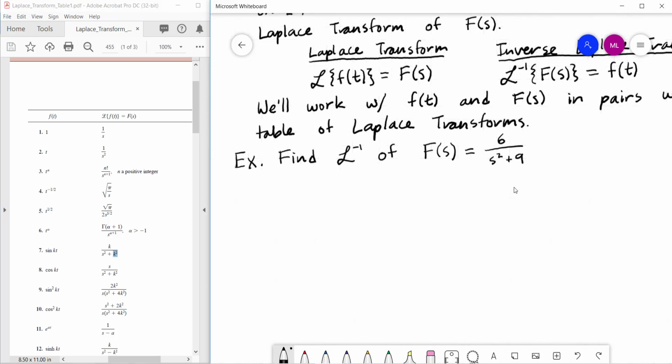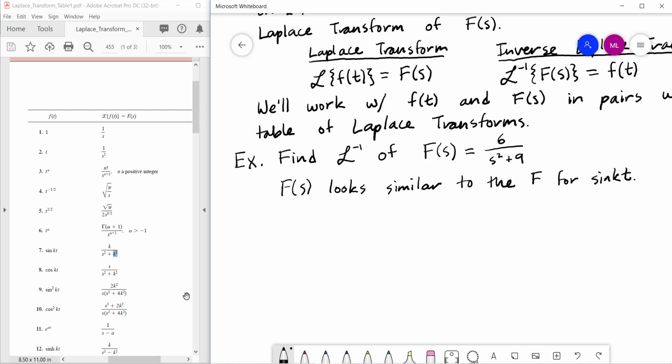What I want to do though is note that F of s, in this case, looks similar to the F for sine of kt.